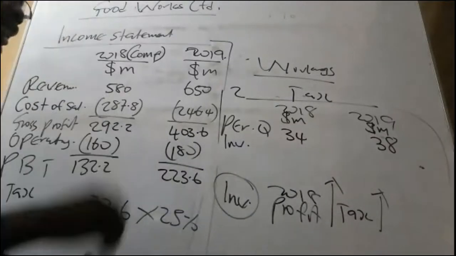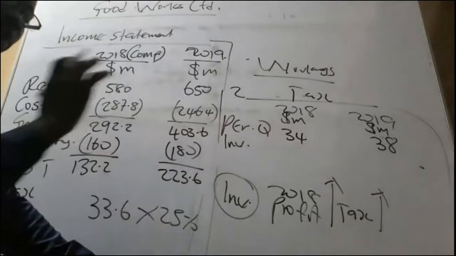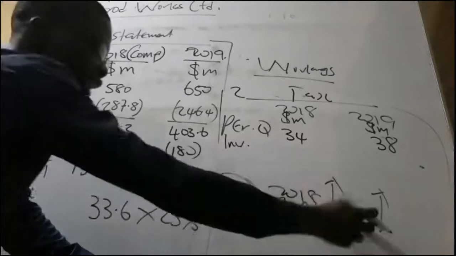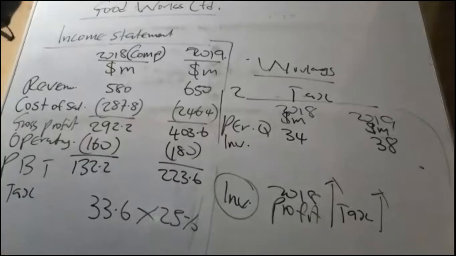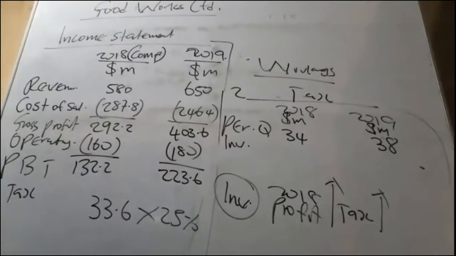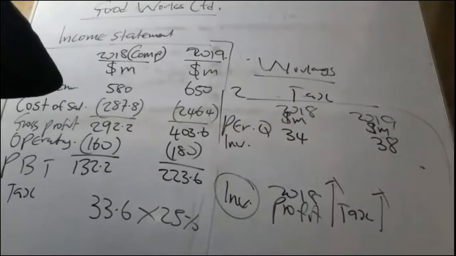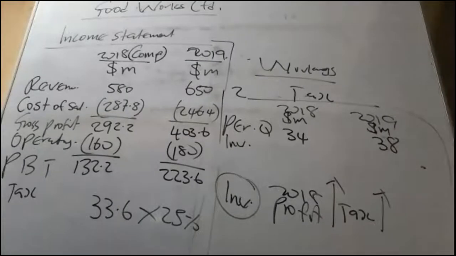So mistakenly, our cost of sales has been understated, and mistakenly, profit has gone up. And once profit has gone up, tax has also moved in the same direction. So as a result of that, we should just subtract. The reverse is true in 2019: we just have to add back.